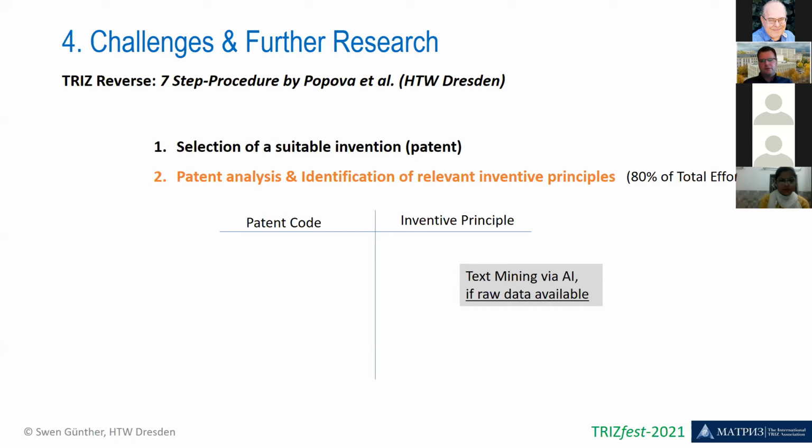But we found it's quite hard to find these raw data, patent codes and inventive principles as a raw data table. If we had this, we could start with text mining, and we could train neural networks, so artificial intelligences, to do patent analysis automatically. This is the outlook to the future and what we are striving for currently.